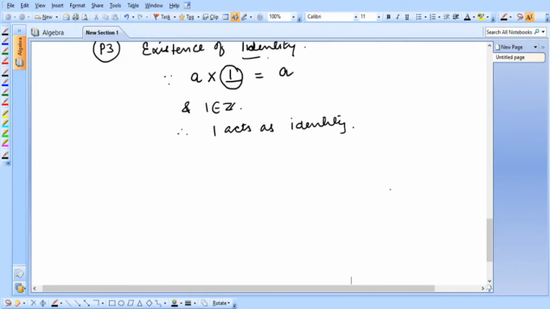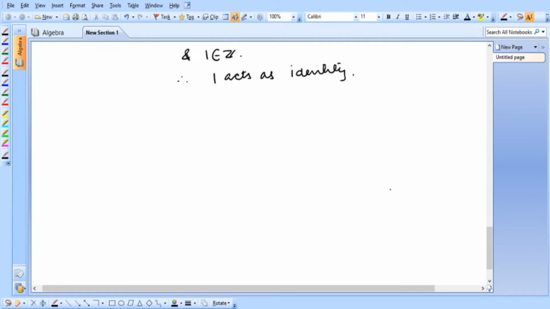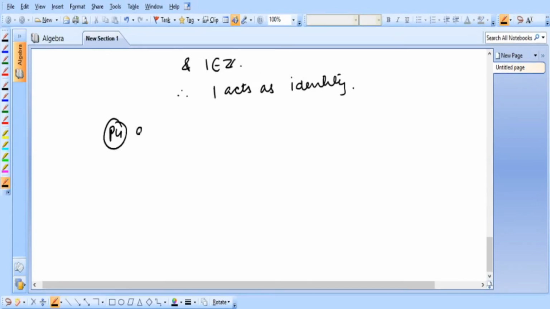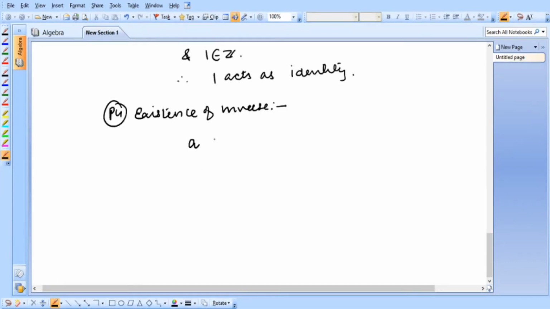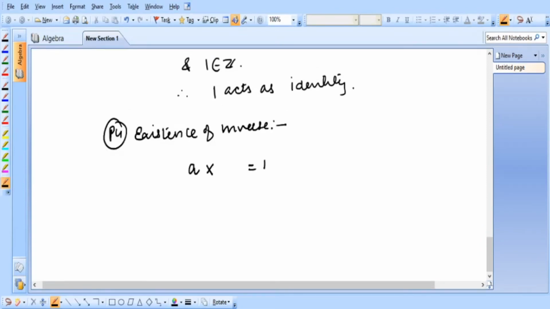Now, the fourth property, existence of inverse. Now see, if we have a here, which is an integer, can we find some number which, when multiplied to a, yields 1?